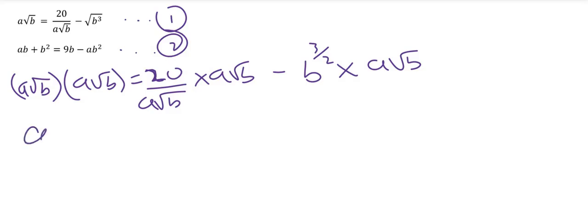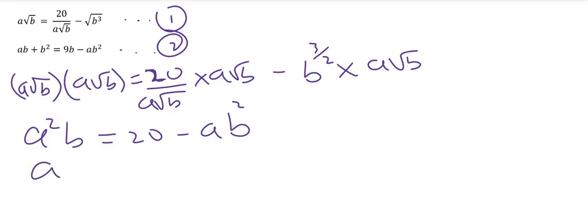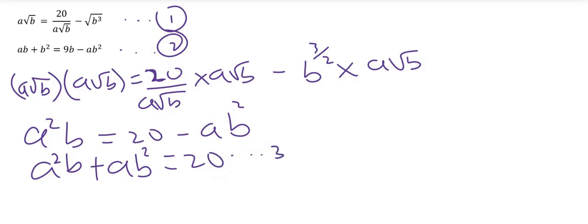Now this gives a squared b equal 20 minus ab to the power of 2. I can write this as a squared b plus ab squared equal 20. Let me label this equation 3.